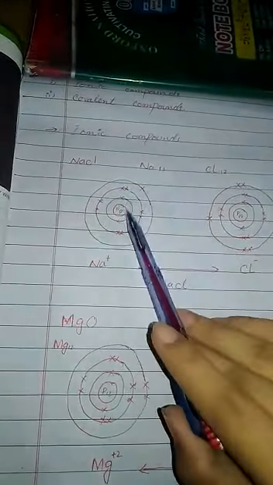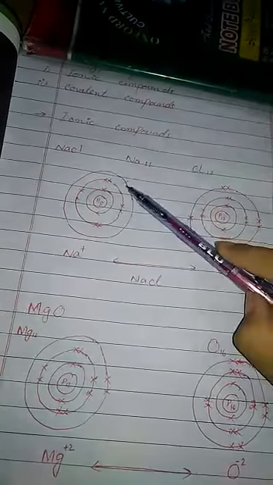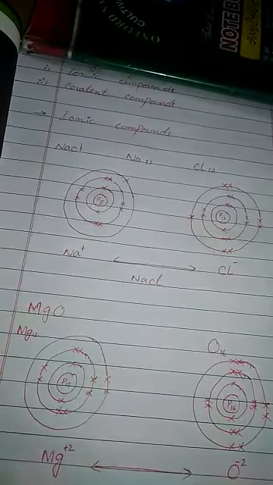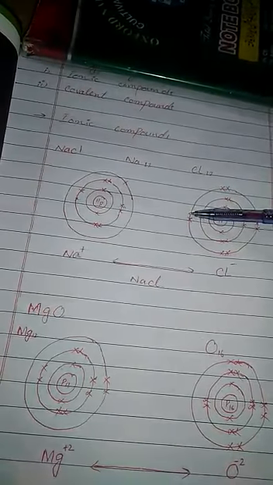The sodium atom has 1 electron in its outermost shell, and it wants 7 more electrons to be stable, because when 8 electrons are present in the outermost shell, it will be stable. On the other hand, chlorine has 7 electrons in its outermost shell, and to complete its outermost shell, the chlorine atom needs only 1 electron.